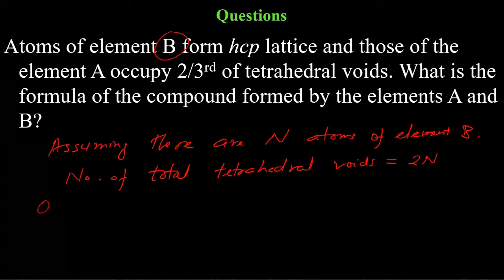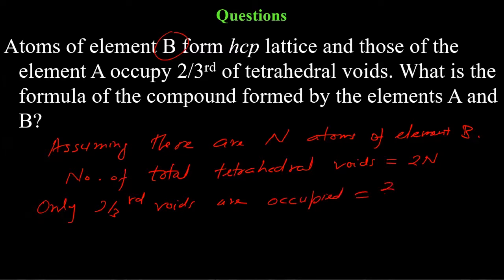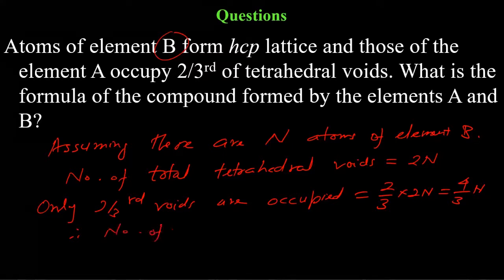But only two-thirds of the tetrahedral voids are occupied. That is 2 by 3 of 2n, that is 4 by 3 n. Hence the number of atoms of A equals 4 by 3 n.